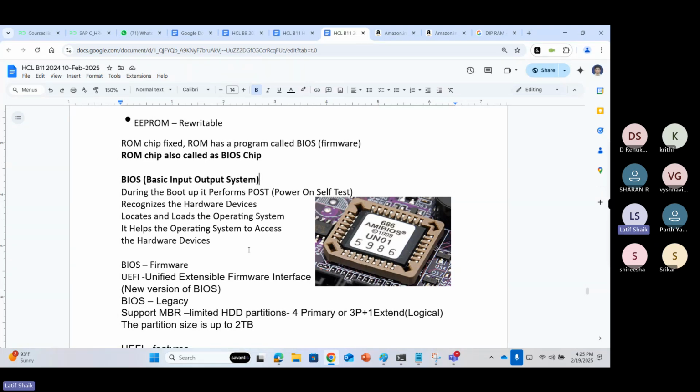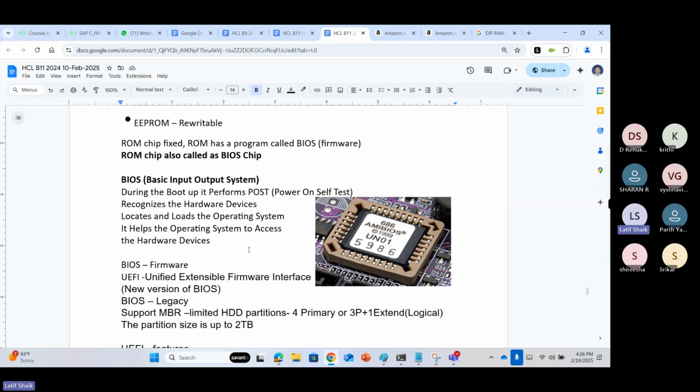When you power on your system, at the time of POST, your BIOS will recognize your hardware devices. What RAM you inserted, what CPU is inserted, what hard disk is inserted. So it will check each and every hardware device. It recognizes the devices at boot time.